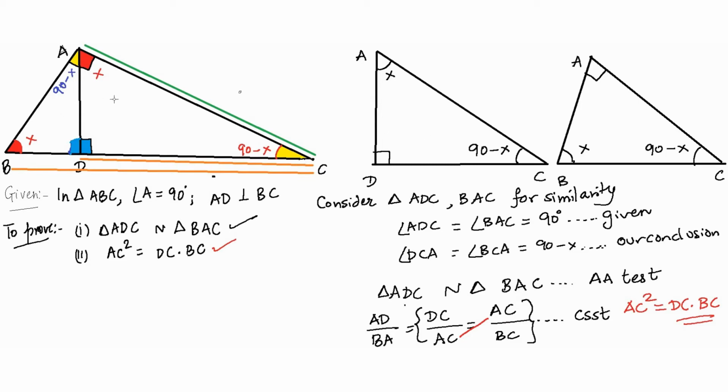These angles are really interesting and important as well. If you can understand the placement of these angles, then it gets really easy to solve problems of similarity related to right angle triangles within a right angle triangle. Okay, so let me pause for a minute before we move on to the next question.